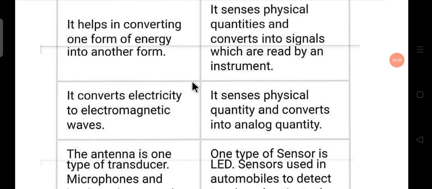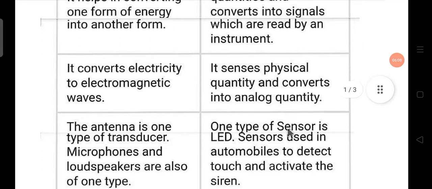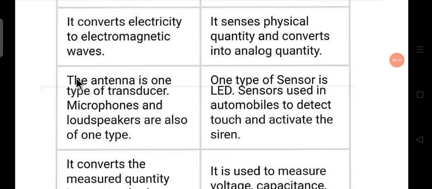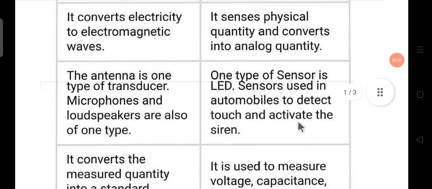Then the sensor senses a physical quantity and converts it into an analog quantity. The antenna is one type of transducer. Microphone and loudspeaker are also types of transducers. One type of sensor is the LED sensor used in automobiles to detect touch and activate the siren.